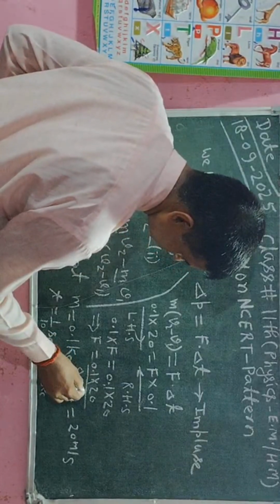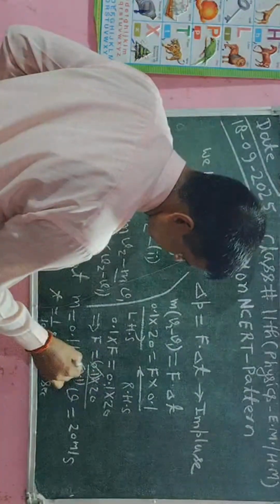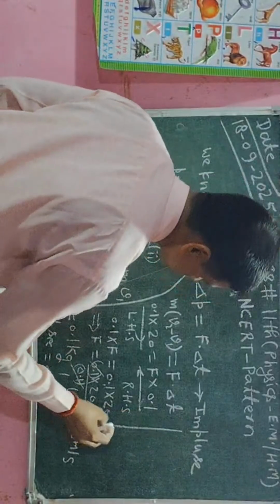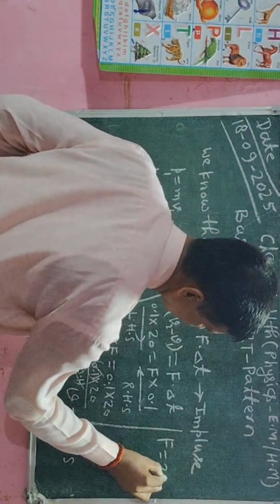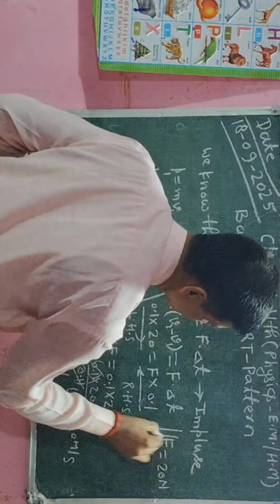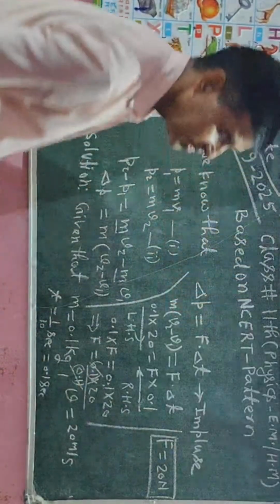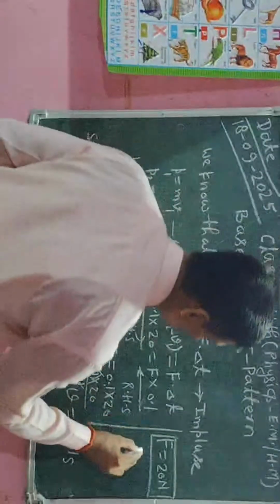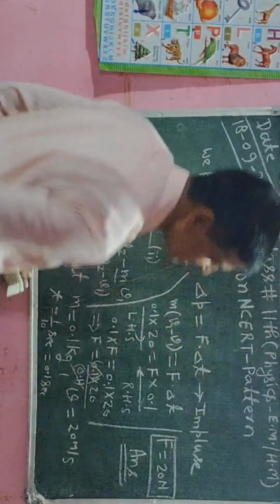This term will cancel out, and after cancelling I will get the value of F, which will be equal to 20. So 20 Newton force will be applied on that ball by the wire. This is the answer of the given question.